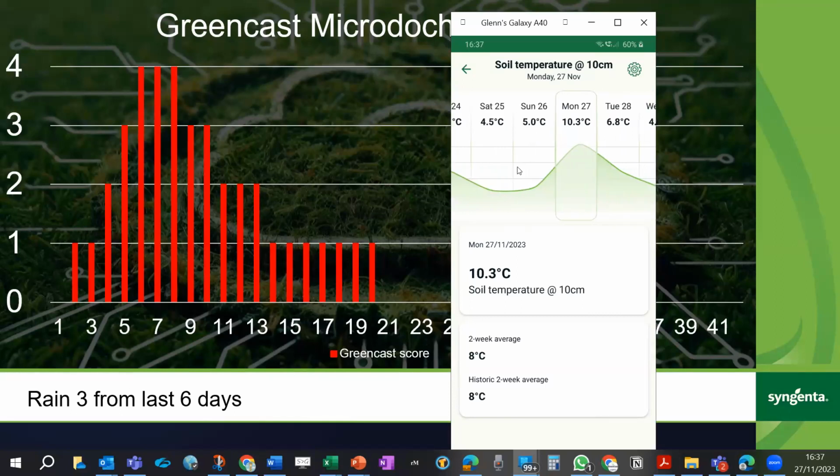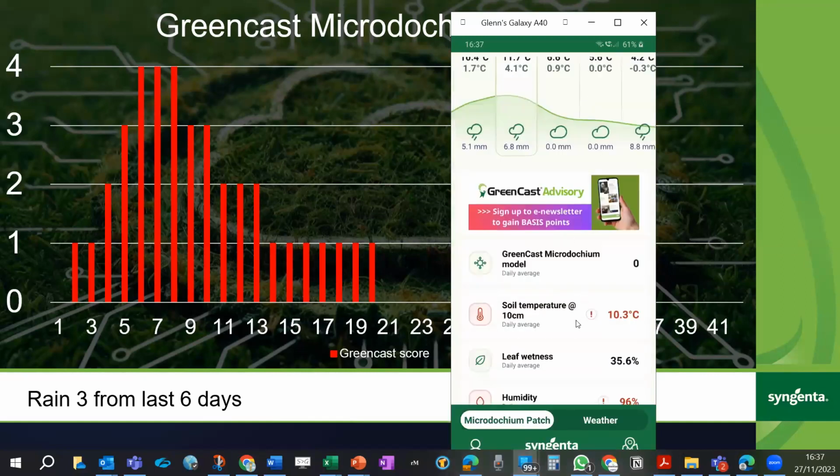But actually, although we're into that bit of a spike at the back end of next week according to the model, those soil temperatures are still staying low, which will happen more and more now. So that steers me to think, from a soil temperature point of view, we're not perfectly into it. We're about average for this time of year. So soil temperature is a useful metric to look at.